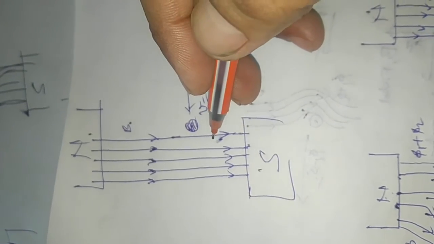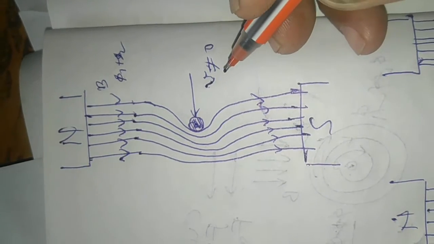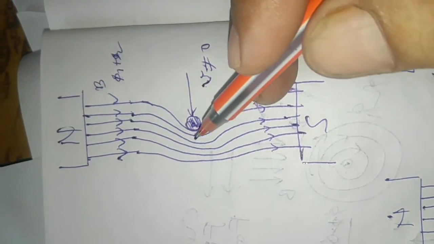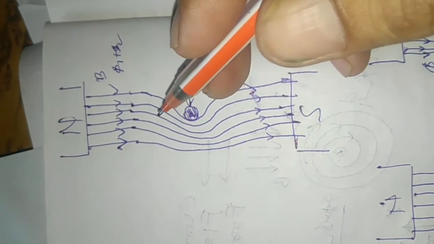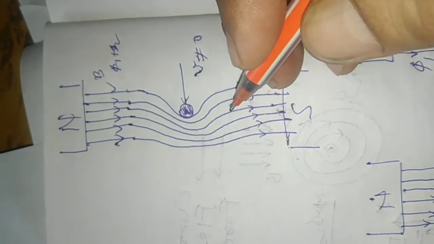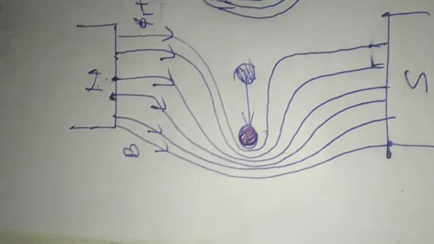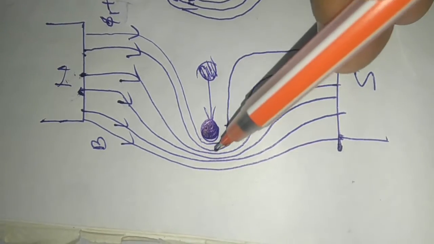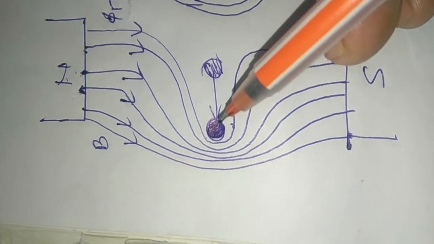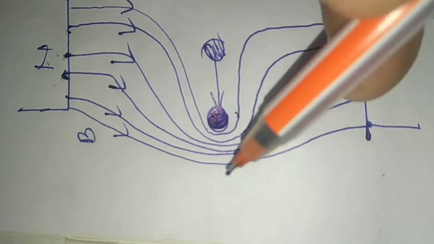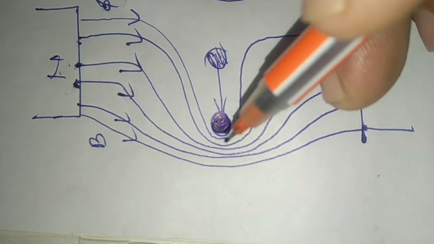like this. Another condition happens when the velocity is not zero, the conductor is moving in this direction, and the flux lines will be like this. And we can take a third condition, where the conductor has moved further in that direction, and all the flux is too much concentrated on the left side.